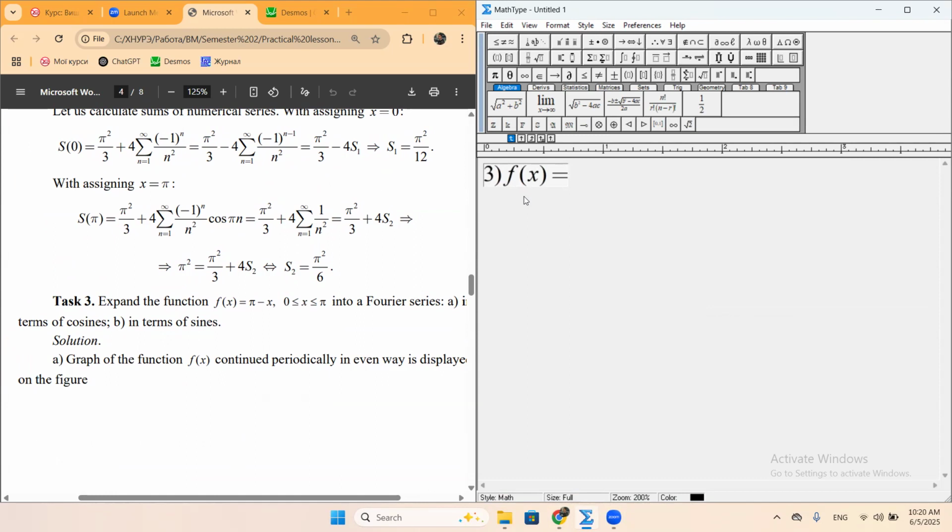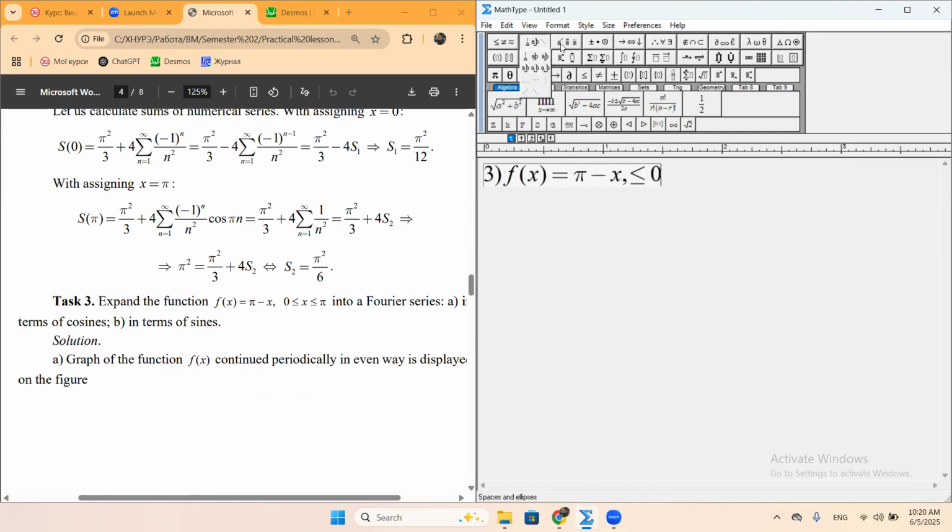And in terms of sines means that we will continue the function in odd way. And x here is defined from 0 to p.